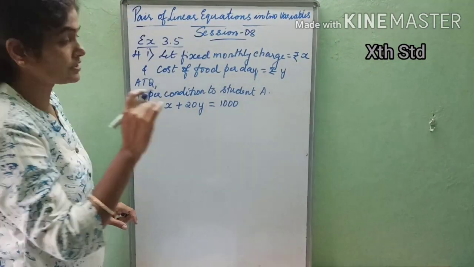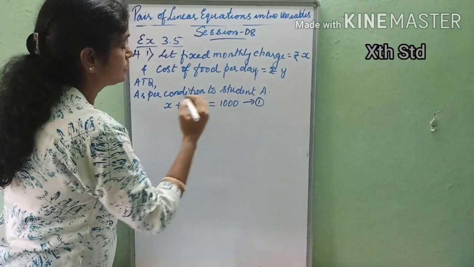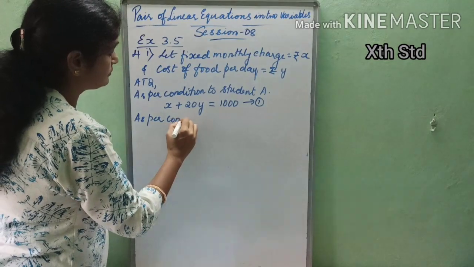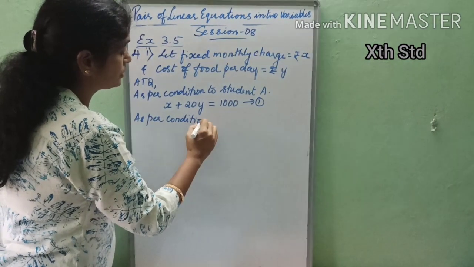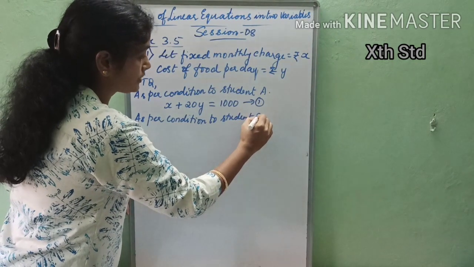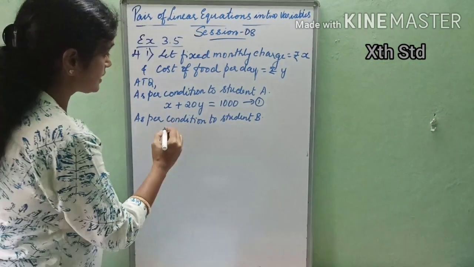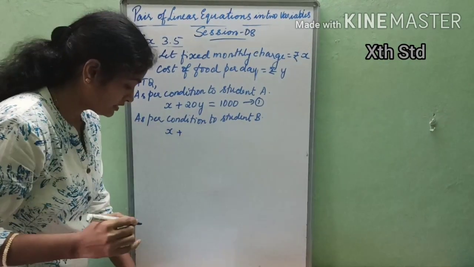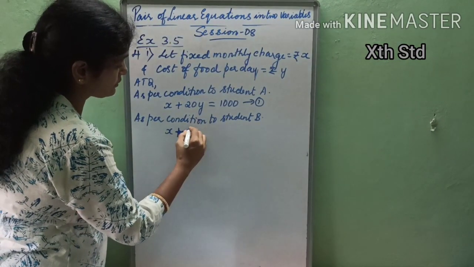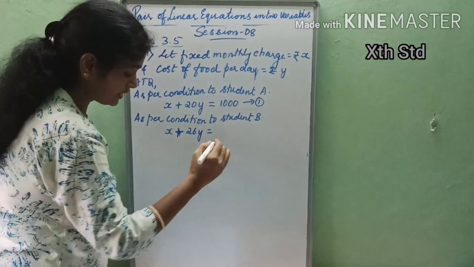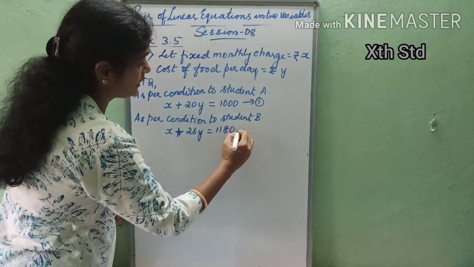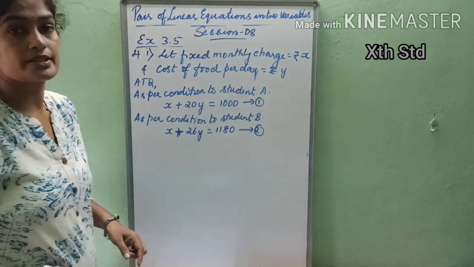This is the first condition, equation 1. Then second, as per condition to student B, fixed charge is x and he takes food for 26 days, so 26y, and he is paying 1180. This is your second equation.